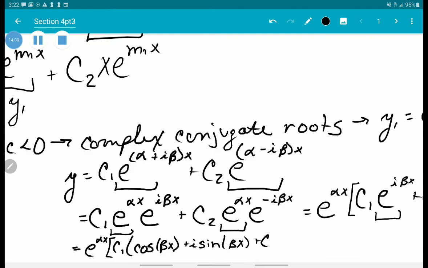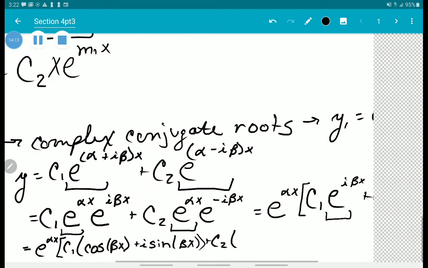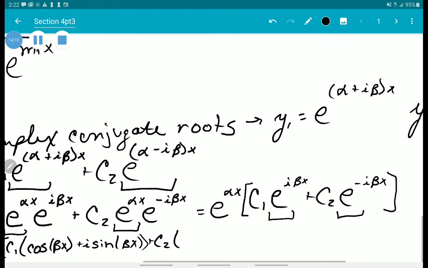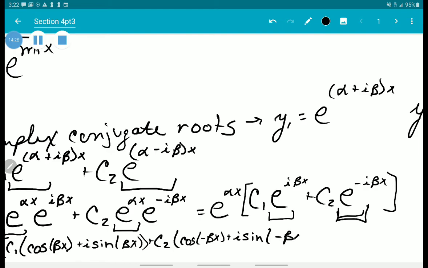And then plus c2 times, and we're doing the same kind of thing here for this piece. It's going to be cosine of negative beta x plus i sine of negative beta x. And then we're going to use some trig properties to help us simplify that.